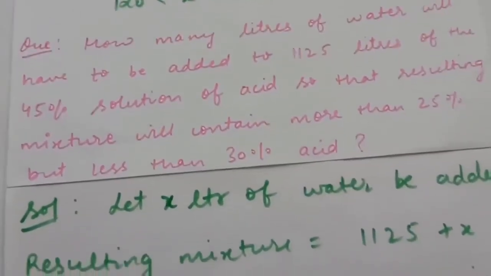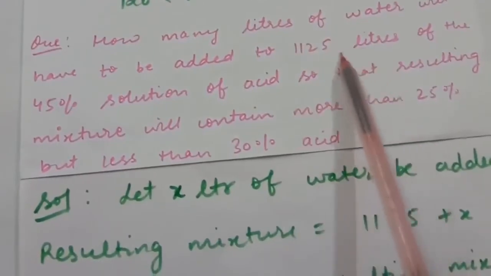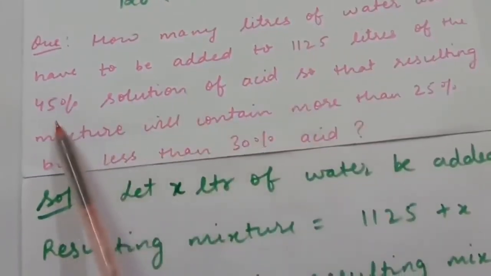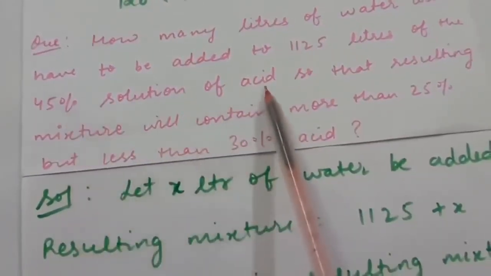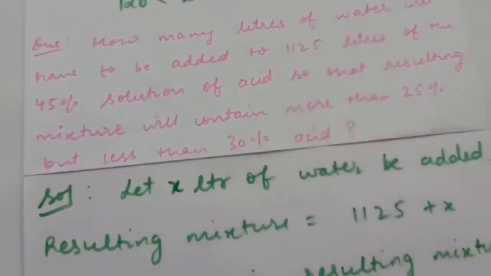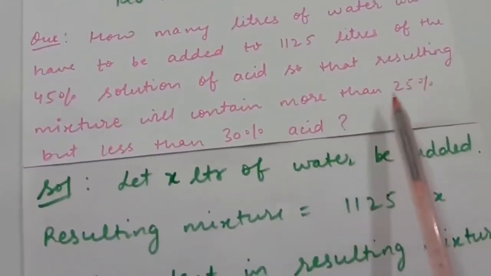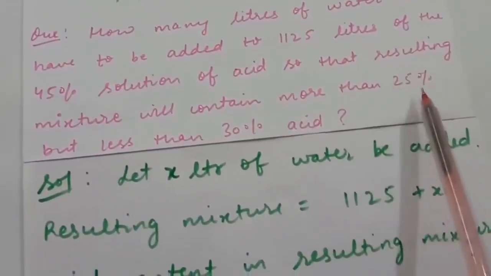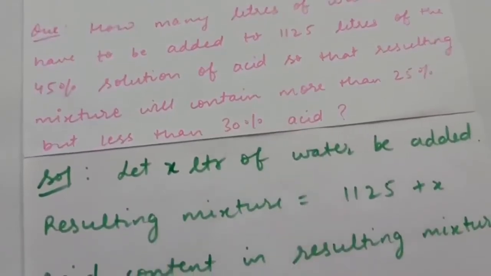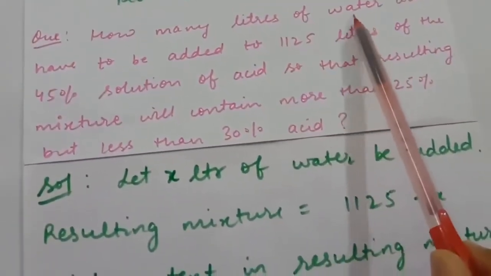Now see, they have already given us 1125 liters of solution which has 45% acid. Now they are asking how much water is to be added so that the resulting mixture's acid will be more than 25% but less than 30%. So first of all we have to find how many liters of water to be added.